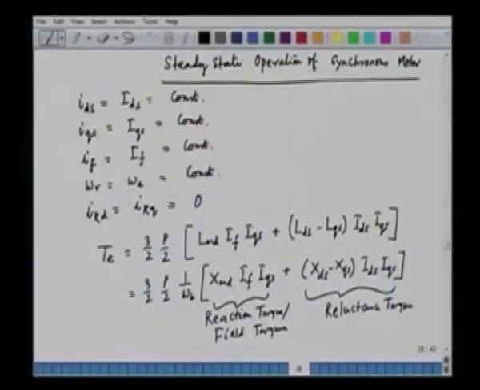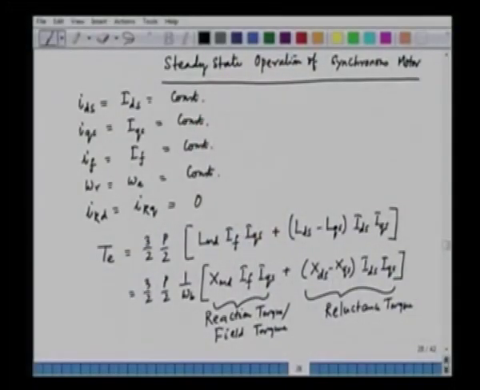It means if we have a salient pole machine, we have XDS different from XQS. In fact, XDS is higher than XQS in a salient pole wound field synchronous machine. So we have a torque production, and that torque is given by XDS minus XQS into IDS into IQS. So this is called the reluctance torque, which only appears in a salient pole machine.